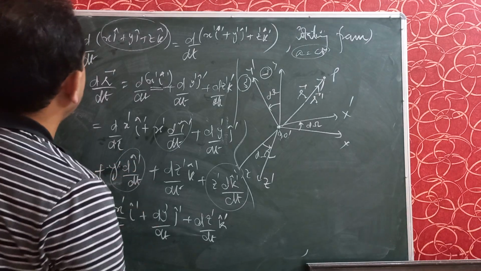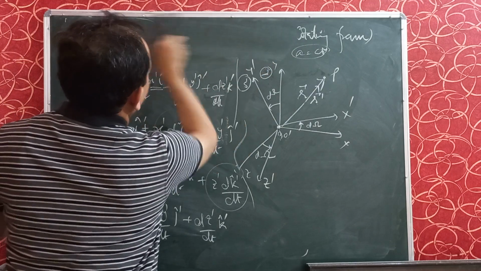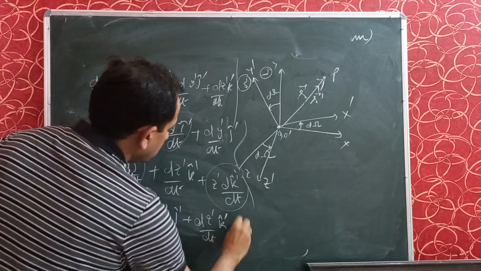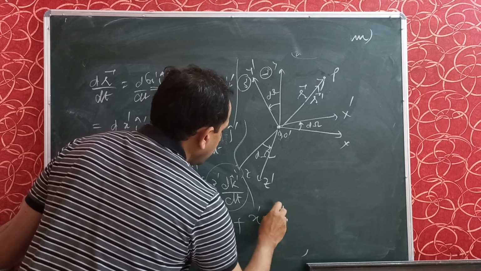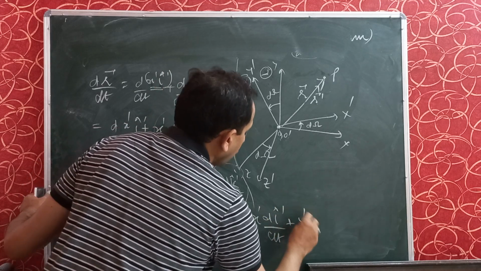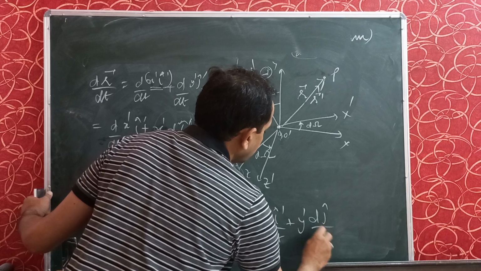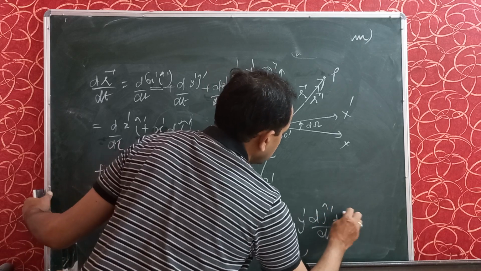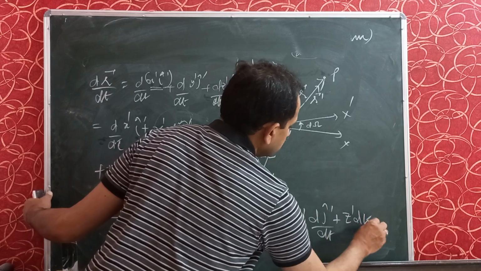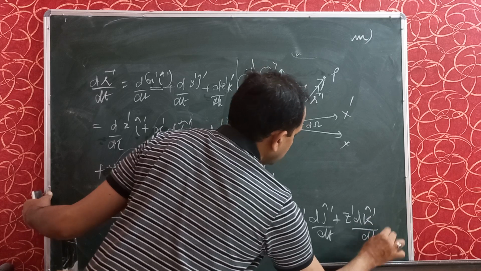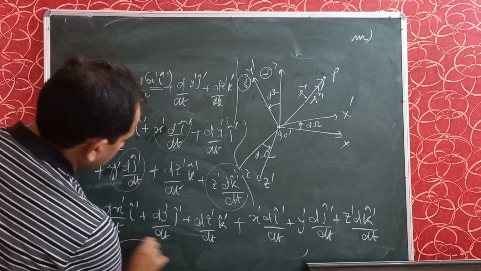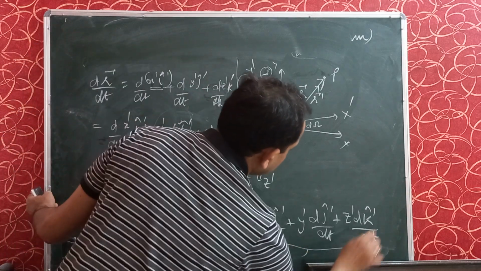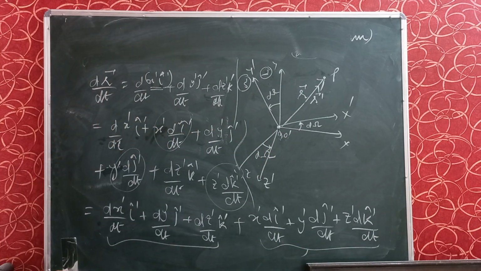Now, the second term is x dash di dash upon dt, y dash dj dash upon dt plus z dash dk dash upon dt. So, these three terms are written collectively, and these again are a set of three terms, the second part.